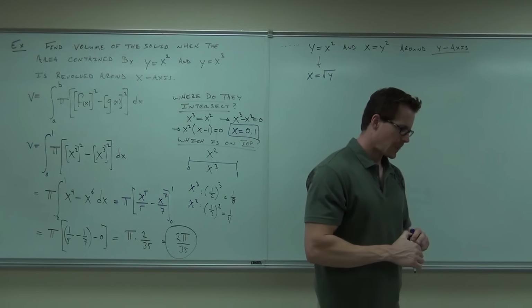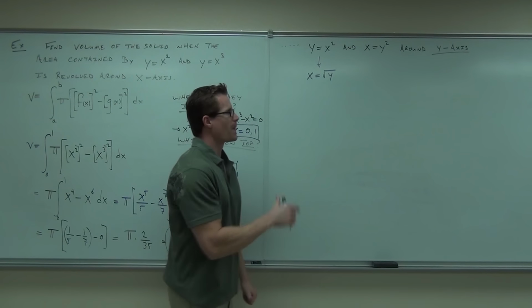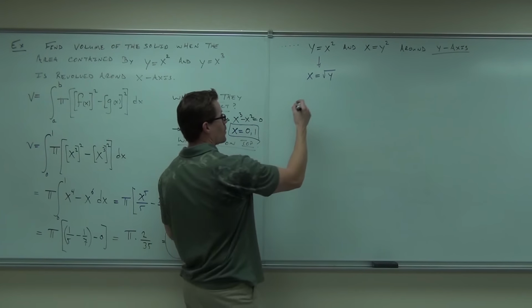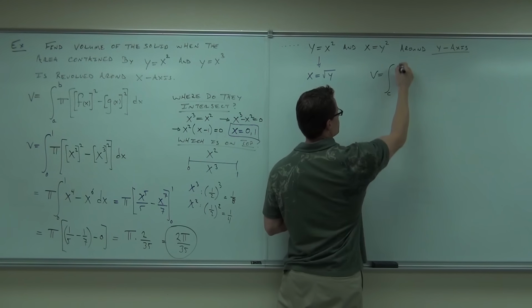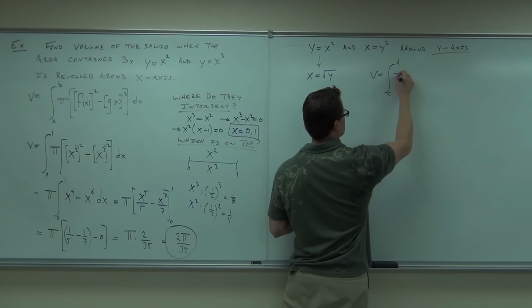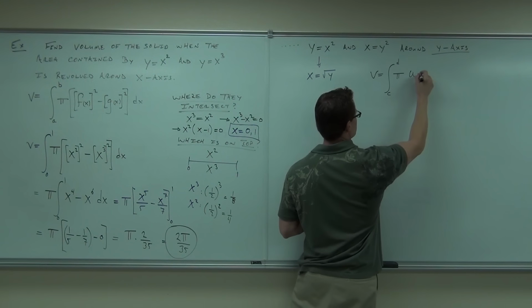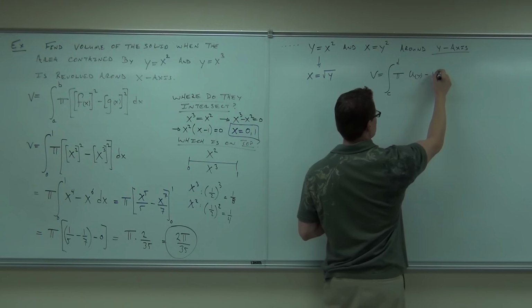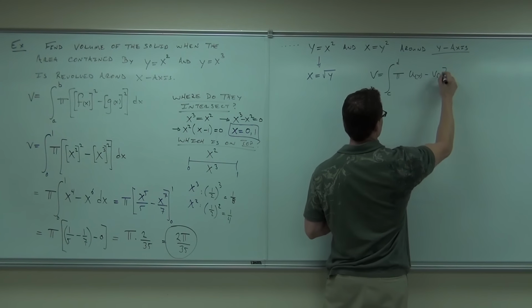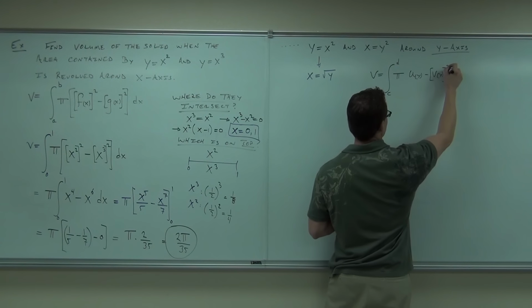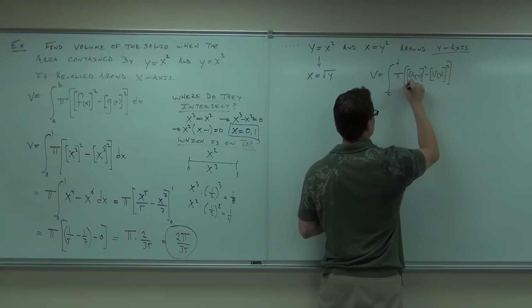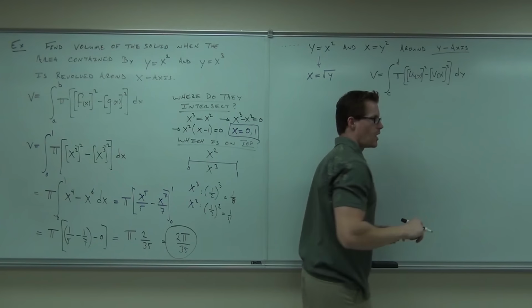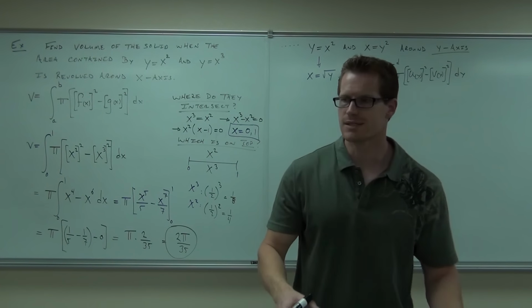Now, what do we need to know after that? Remember, our whole goal is to try to set this thing up. What's on top? Well, we need our bounds. Remember, in terms of y, so everything's got to be in terms of y, nice and neat.